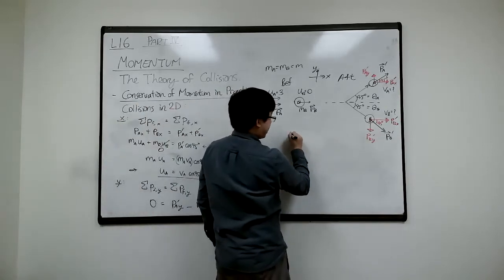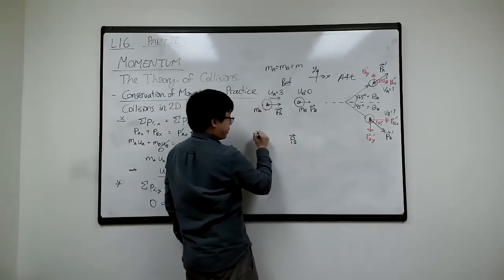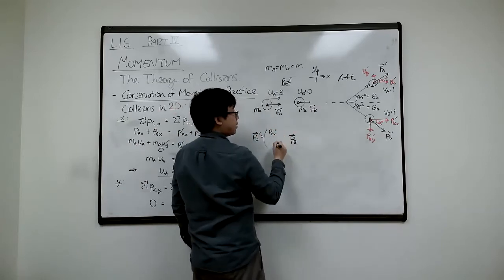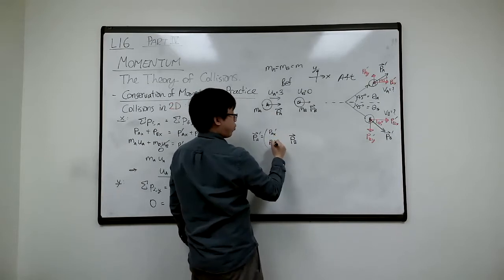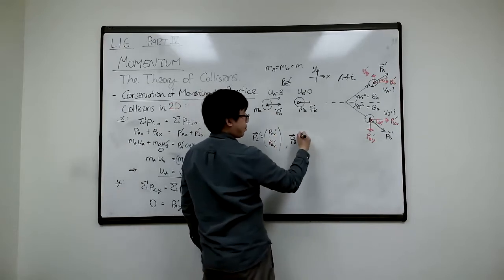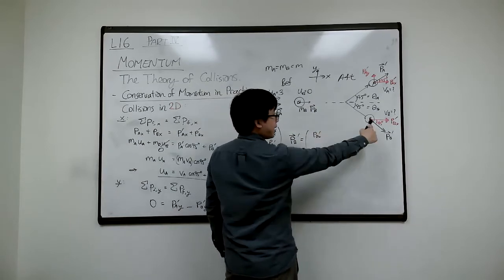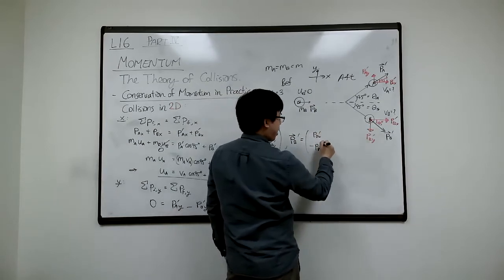So PB, just to be clear, PA prime is PAX prime and PAY prime, but PB prime is positive PBX prime and negative PBY prime.